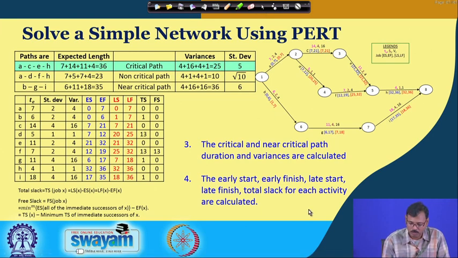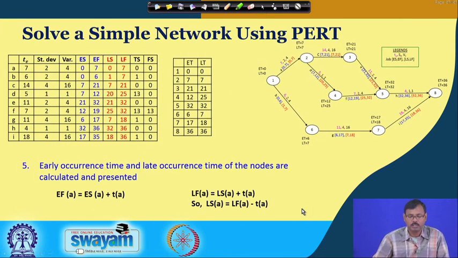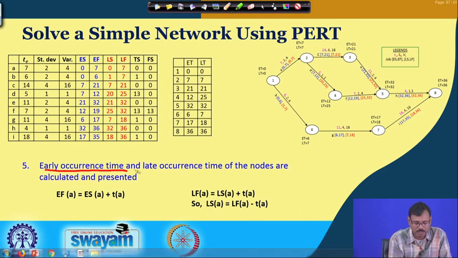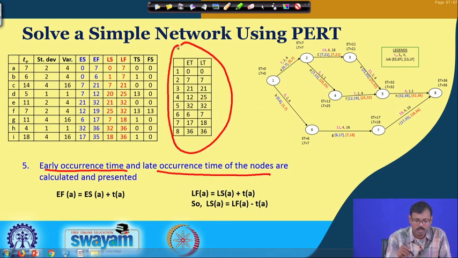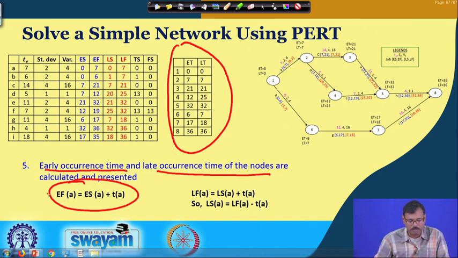Now, our next job is to find the early occurrence time and late occurrence time of the nodes. Based on this table we have prepared this table. Early occurrence time is nothing but the early start time of that node. So, considering S equal to 0, the earliest occurrence time of this one is 0.